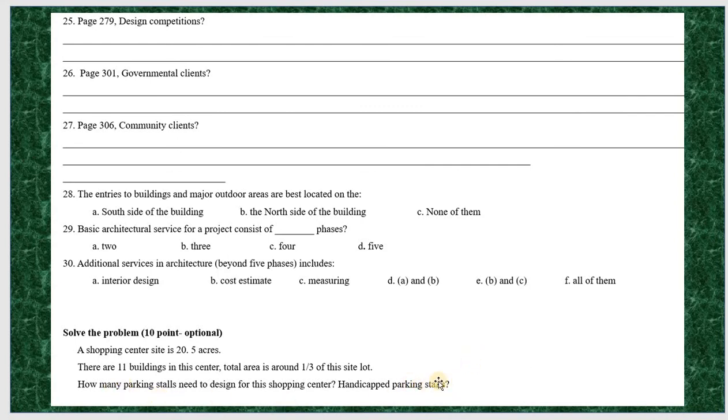And after that, you take the parking area and divide it by the area of one space. One space equals 18 feet times 9 feet, so it equals the area like this.